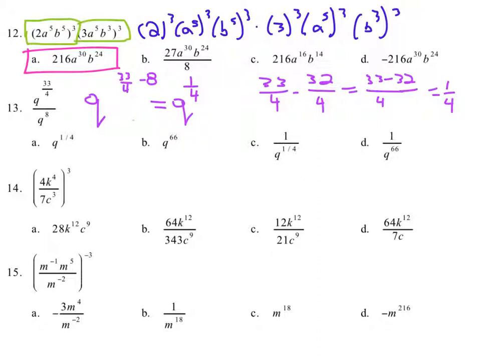So essentially with this one, the trick here is to subtract these two exponents. And what do we do to do that? We need to get a common denominator, and that's what we did here. So we've got an answer of q to the 1/4. And when we look for that, we find it right there. A. Okay.